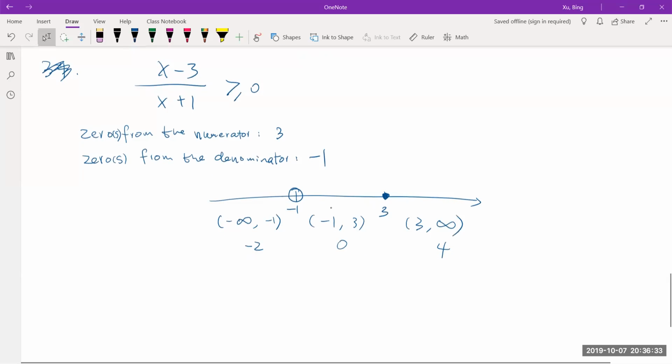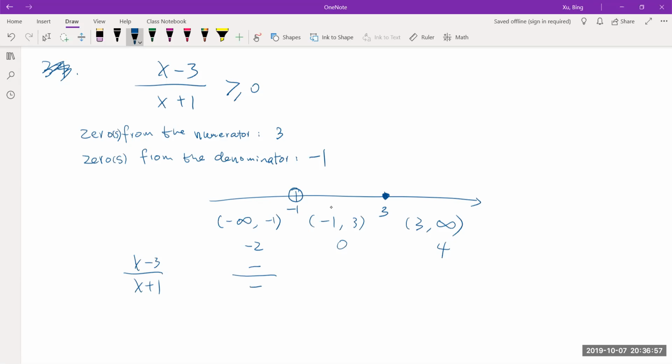Just any test point as long as they're in the interval. So now I want to test if x minus 3 over x plus 1 is positive or negative in each interval. So testing for -2, plug in on top, it will give negative over the bottom is negative.